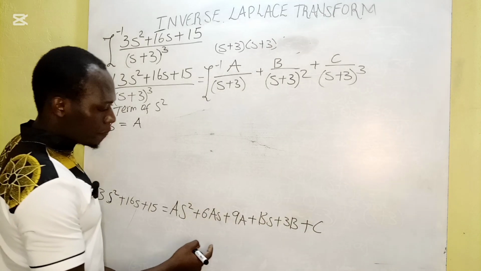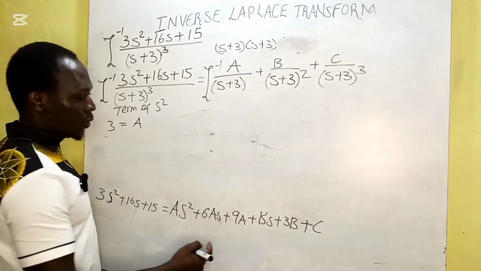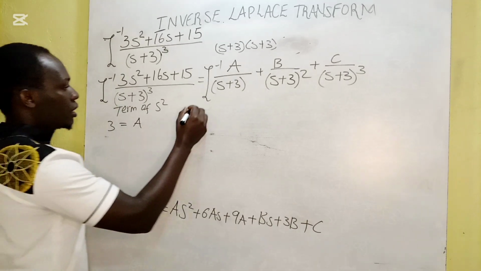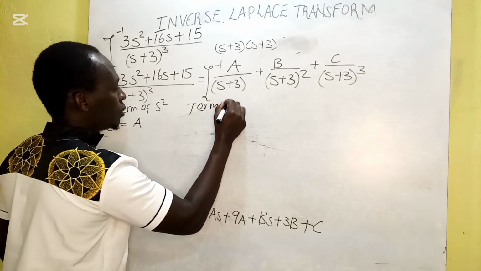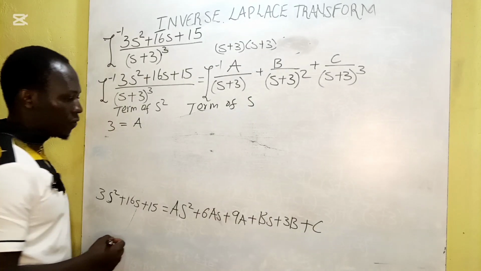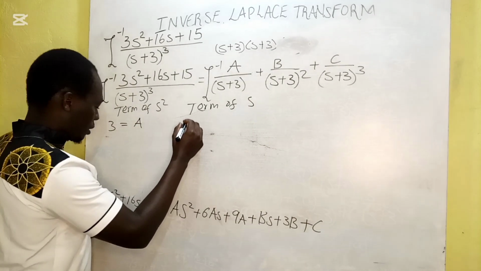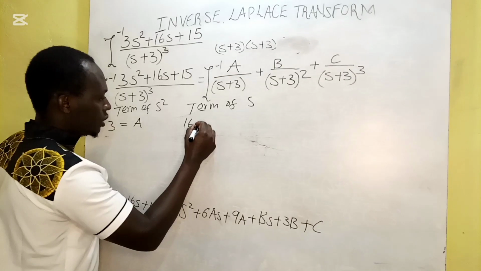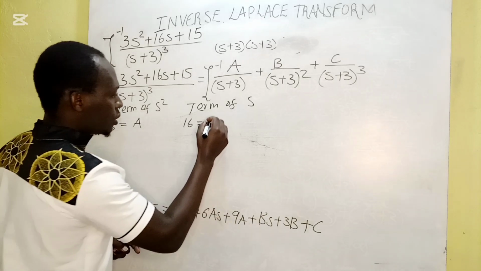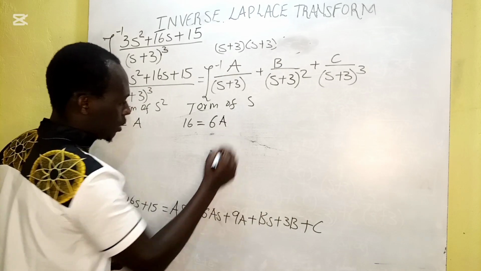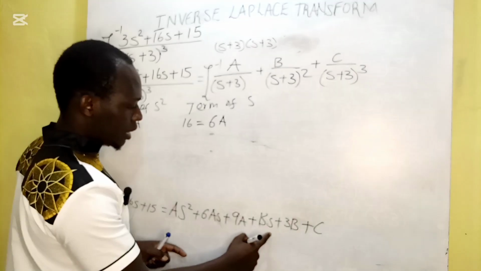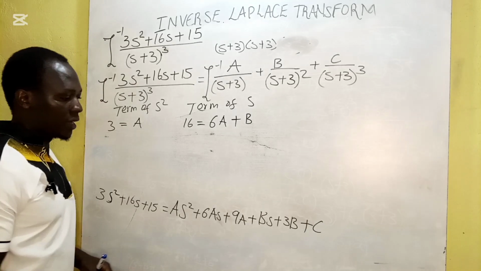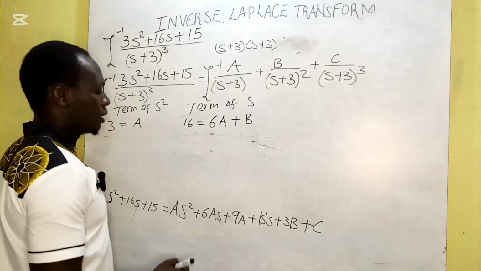For us to get the term of b, we can either decide to use the constant function or the terms of s. Let us use the term of s to have the value of b. 16, because here we are having 16s, is going to be equals to 6a. At this point, we come and add to b, because b has got an s.